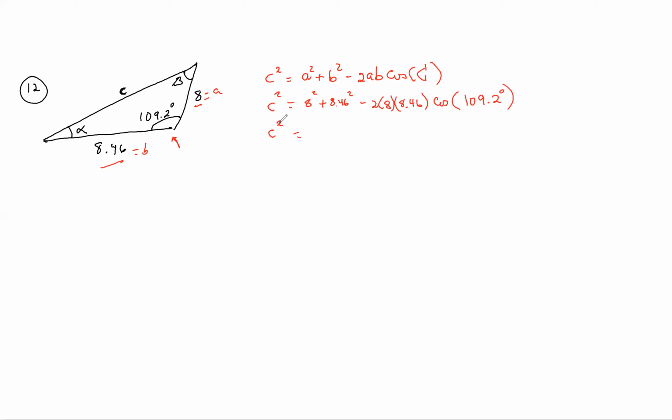We see that c squared is equal to 180.09. Apply the square root, and we got 13.42.